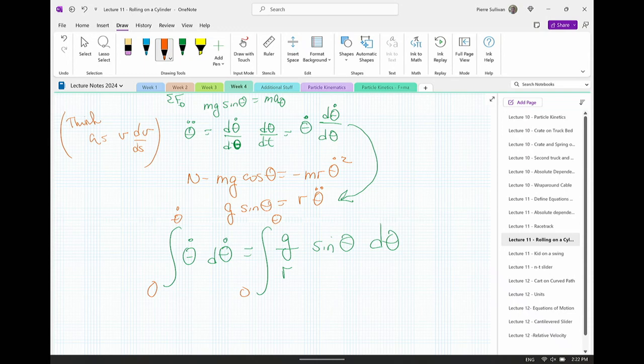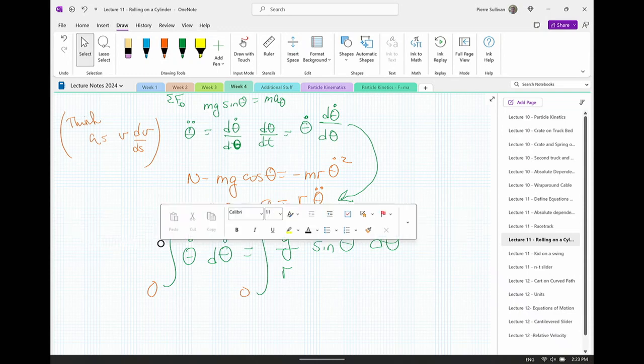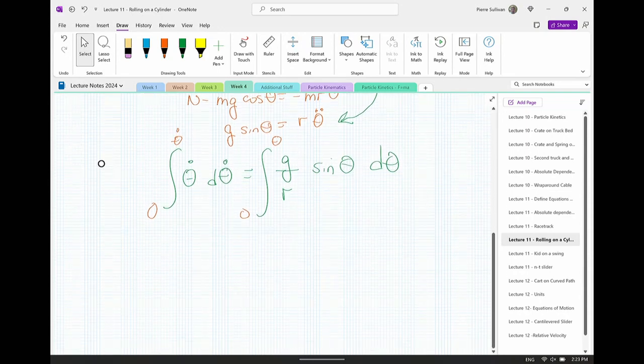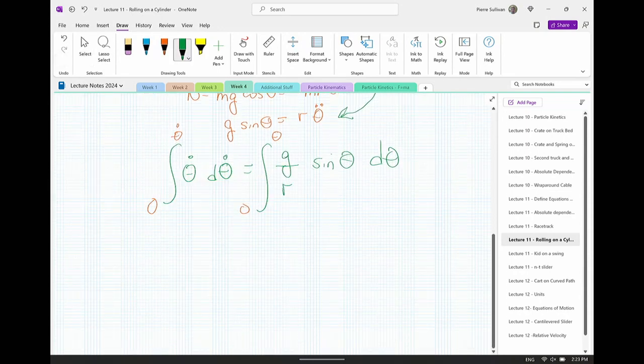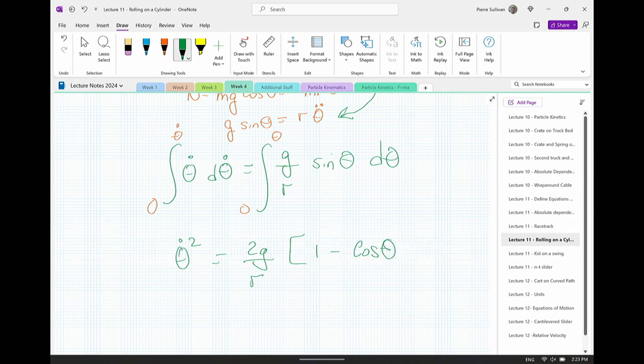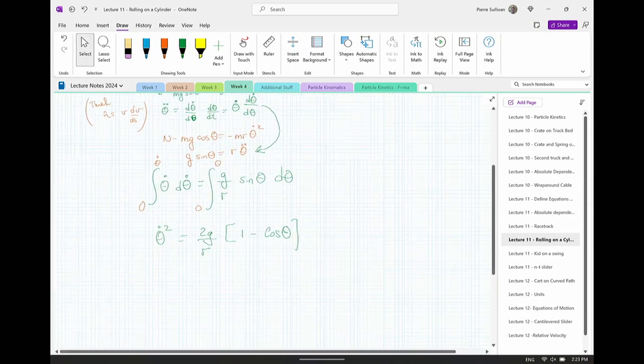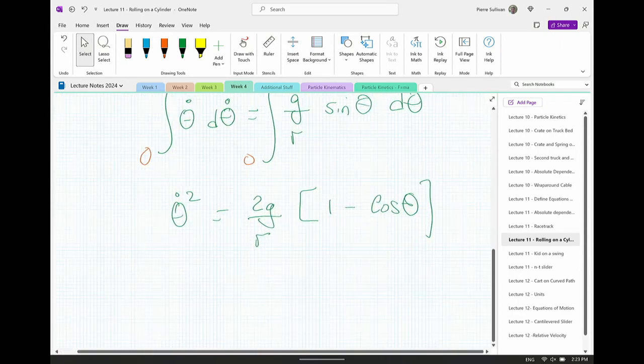I have an integral on theta dot, g over r sine theta, do the integral, and I end up with theta dot squared equals 2g over r, I brought the 2 over to this side, 1 minus cos theta. And remember, that's from the integral limits.